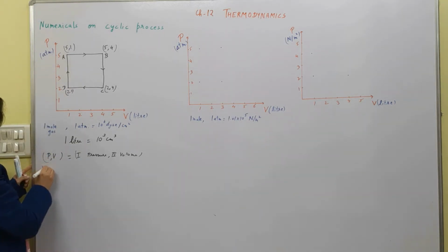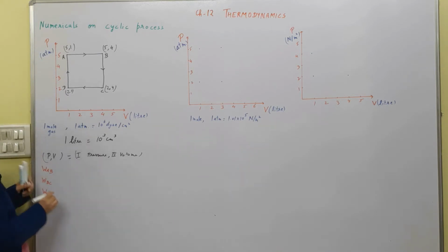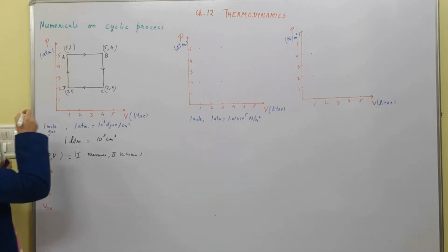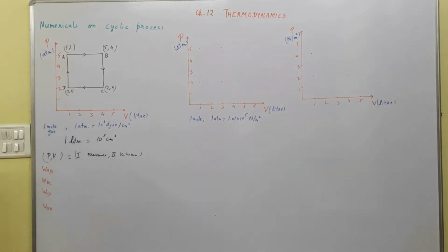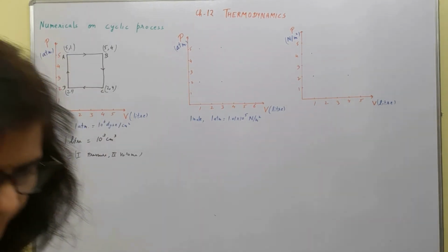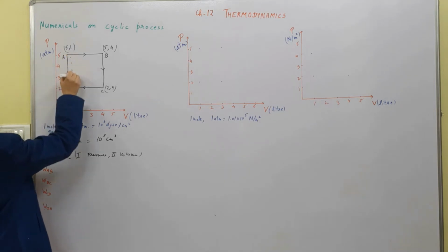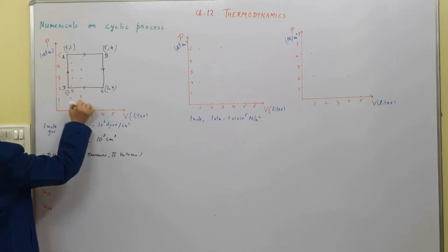So WAB, WBC, WCD, and WDA. We have to find out this, right? So WAB means you have to find out the area enclosed between this AB and this volume axis.